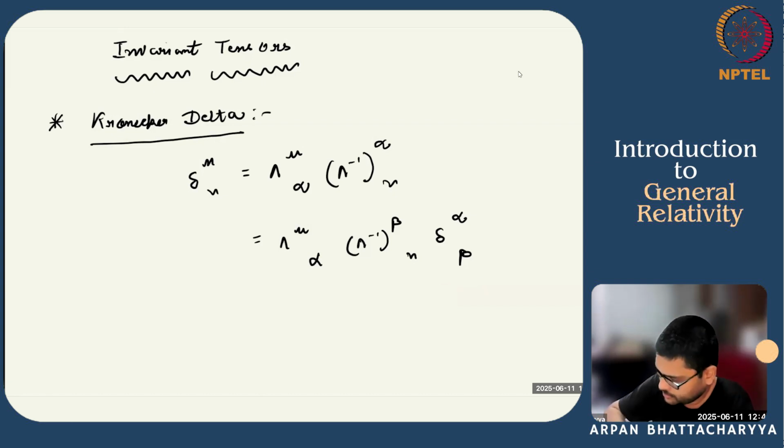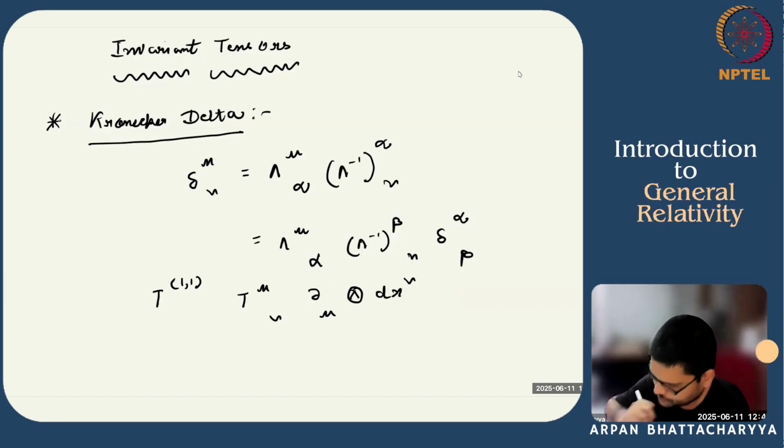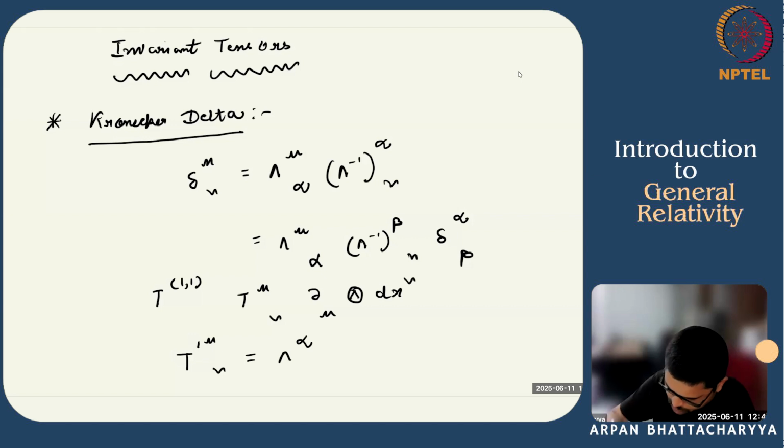Now compare it with the definition of a (1,1) rank tensor of the form, which transforms under a Lorentz transformation this way: mu alpha.